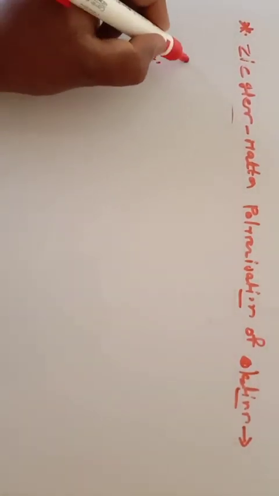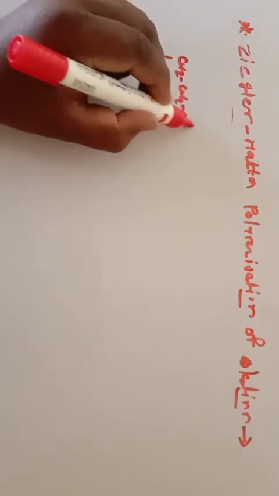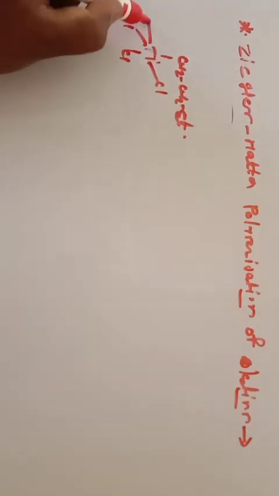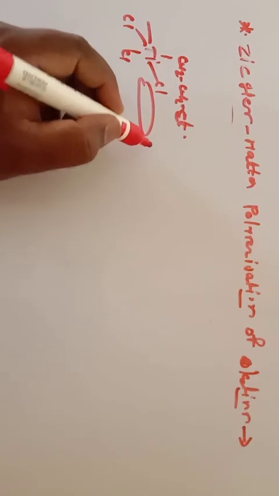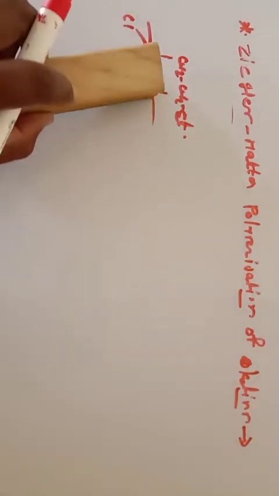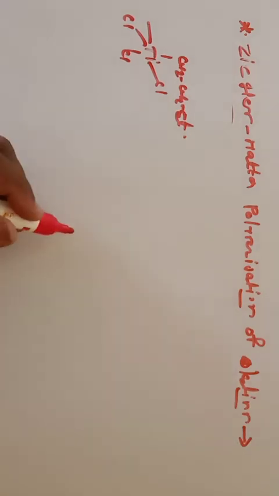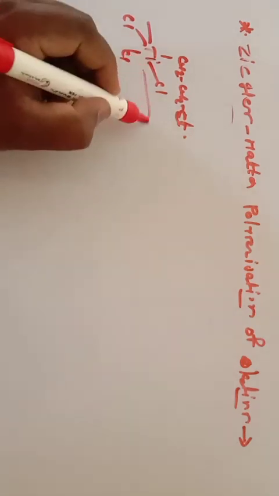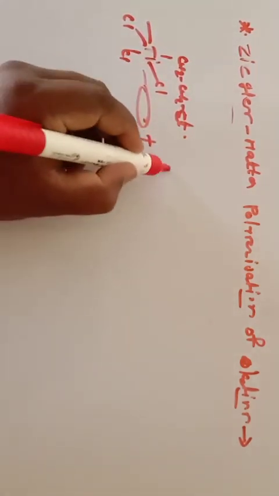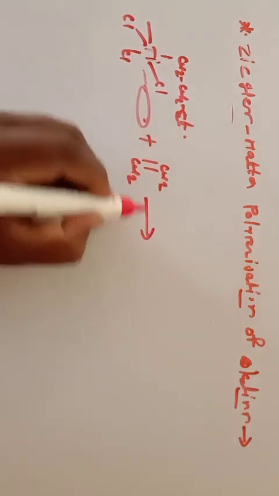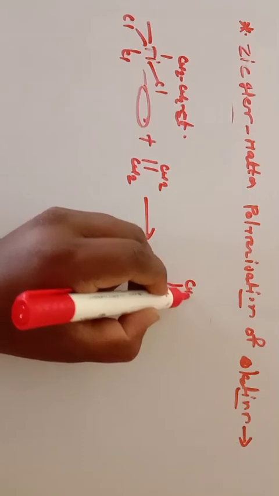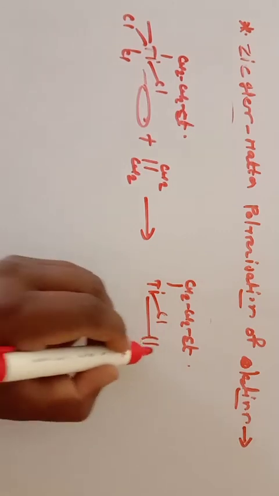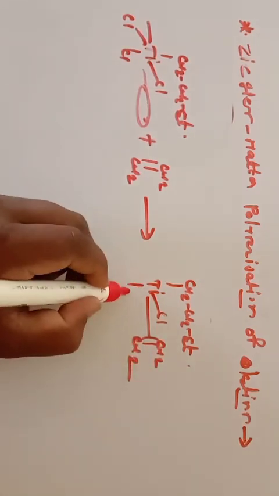So the third step: again an alkene molecule interacts with the vacant site, that is Ti CH2 CH2 Et. After coordination of the first alkene we get this, Cl Cl, and this is your vacant site. So in this case the alkene is coordinated to this vacant site, and the reaction occurs with the carbon double bond. So we get Ti, CH2 CH2 Et, chlorine, the coordinated alkene, then chlorine, chlorine.